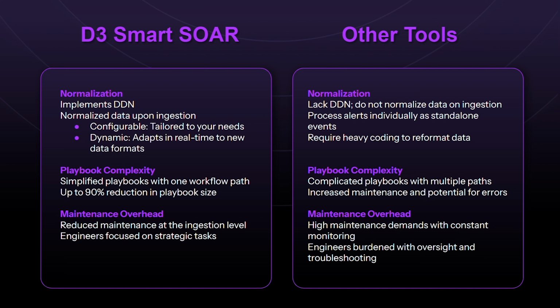With dynamic data normalization, you have reduced maintenance at the ingestion level, and your engineers can focus on more strategic tasks, and your personnel can focus on securing your environment. On other SOAR tools, there are high maintenance demands with constant monitoring required, and your engineers are burdened with oversight and troubleshooting.